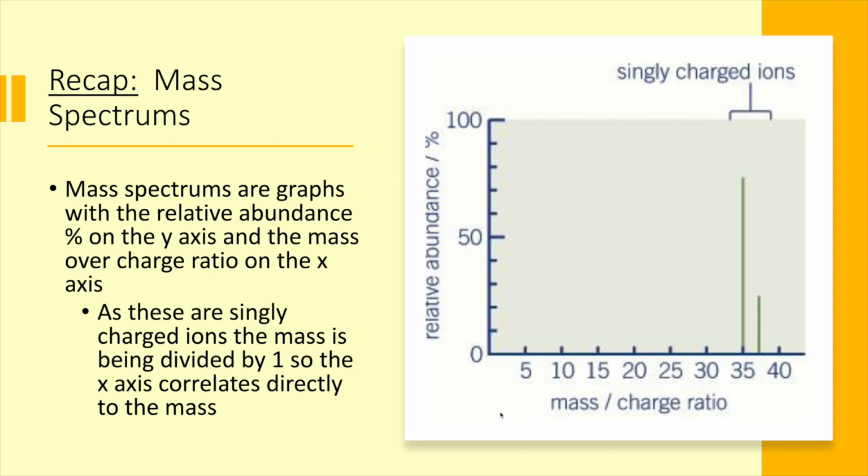However, as we mainly form singly charged ions, then our charge is just +1. And so when we're doing mass divided by charge, you're dividing by +1, so your x-axis is effectively just the mass of that ion that's reached the detector.